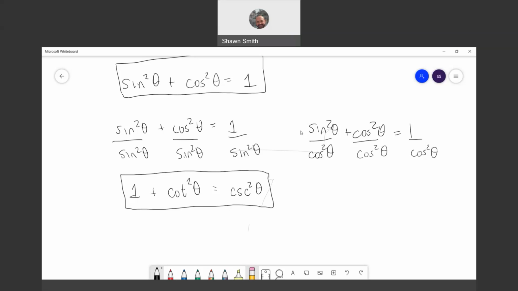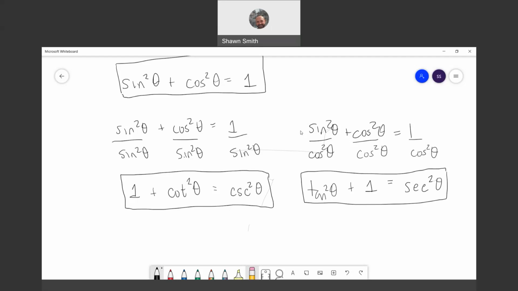That means sine squared over cosine squared is tangent squared. And cosine over cosine, same thing over same thing, is 1. And the reciprocal of cosine, 1 divided by cosine, is its secant, that's squared. So that's the third Pythagorean identity.